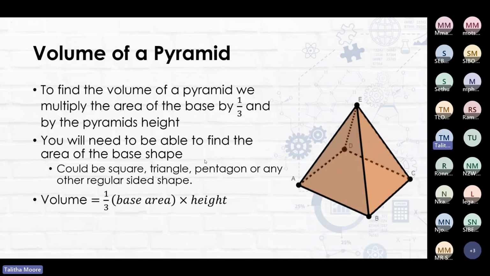Right, so volume of a pyramid. Again, to find the volume of a pyramid, we multiply the area of the base by 1/3 and the height of the pyramid. Oh dear, I didn't put height in here. You will need to be able to find the area of the base shape. So whether it is a square or a triangle, a pentagon, you will need to know those formulas, which your students should know from grade 9 maths, but it's always good to revise with them.